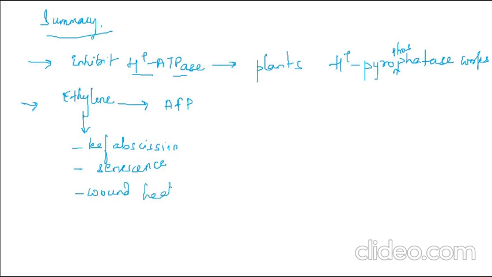If there is any pathogen attack together with cold stress, it increases disease resistance. Ethylene also helps in the synthesis of AFP, the antifreeze proteins. All these together help the plant to acclimate to cold stress.